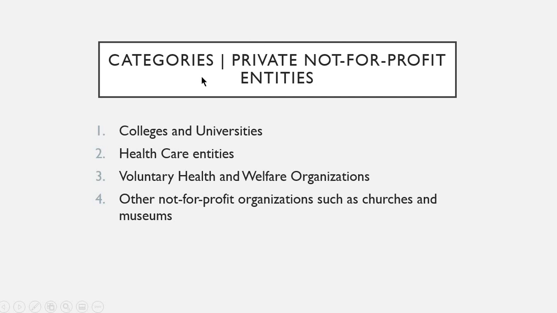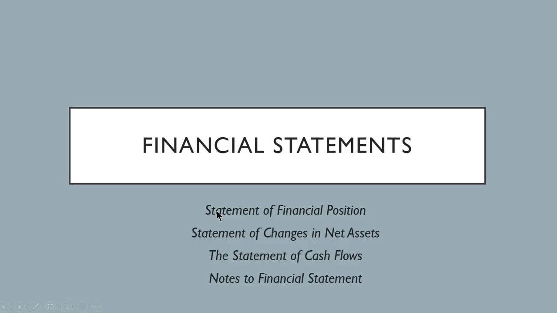They are not-for-profit entities but they are not private; they are public. And we also have healthcare entities, such as hospitals, and voluntary health and welfare organizations. Those that do not fall under the three belong to other not-for-profit organizations such as churches and museums.